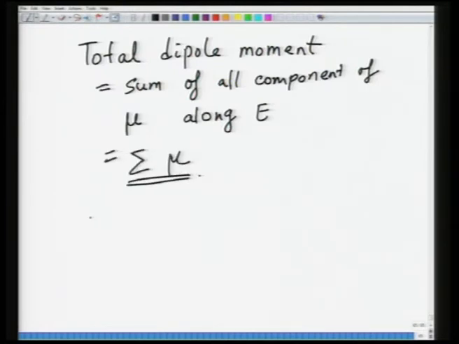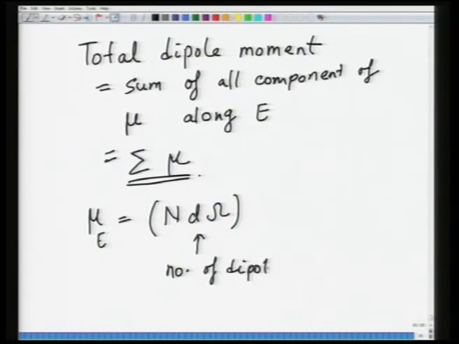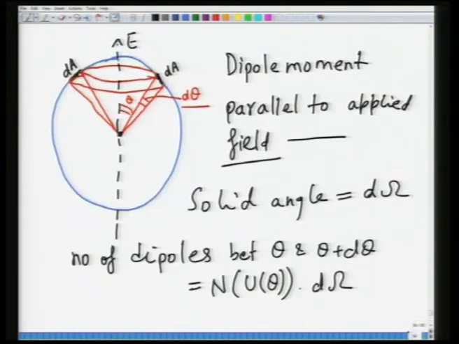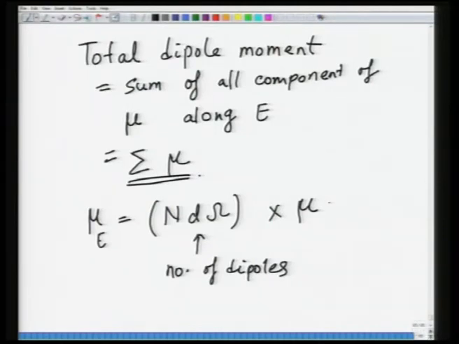So this mu E, which is in the direction of applied field, will be equal to the number of dipoles within that segment multiplied by, if we go back to the previous picture and each of these has value mu, then this will be mu cos theta.